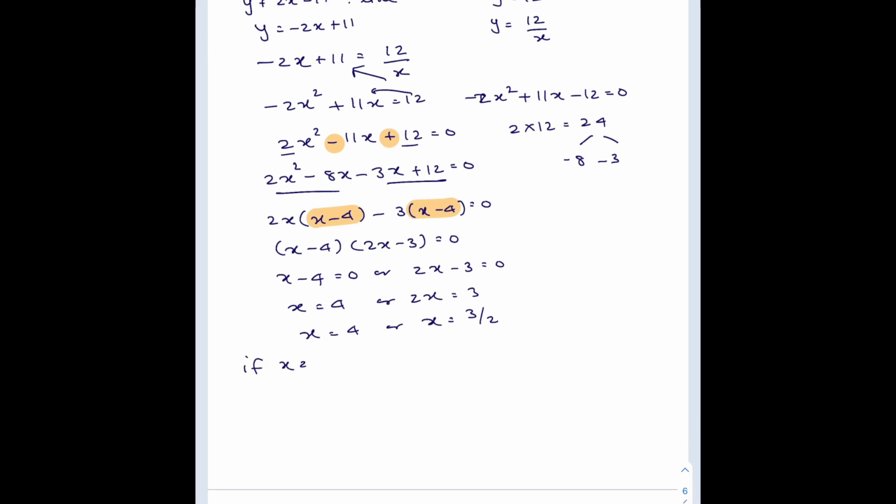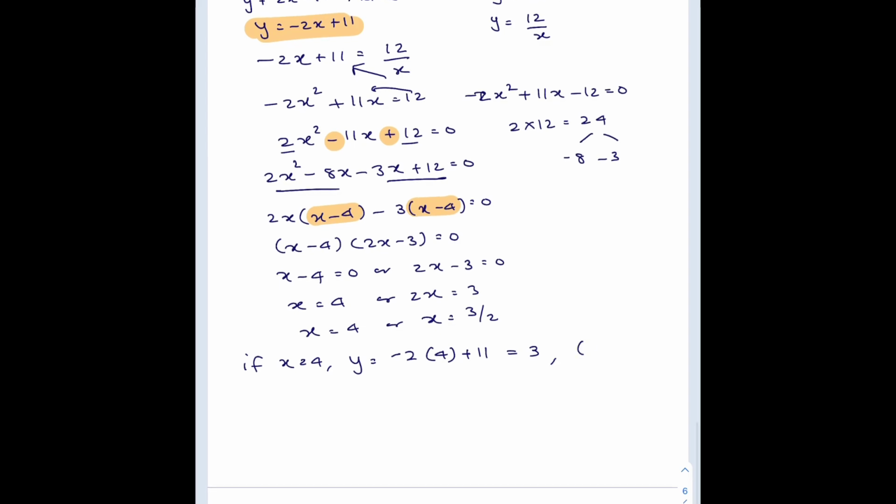Now it says find the coordinates, which means y coordinates also. So if x is 4, y is, substituting in that equation, negative 2 times 4 plus 11, which is negative 8 plus 11, 3. And therefore it is (4, 3).